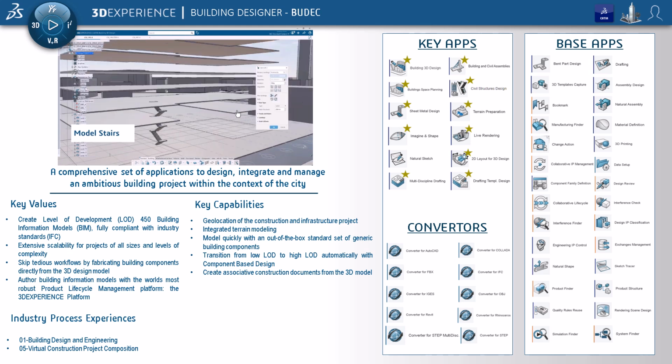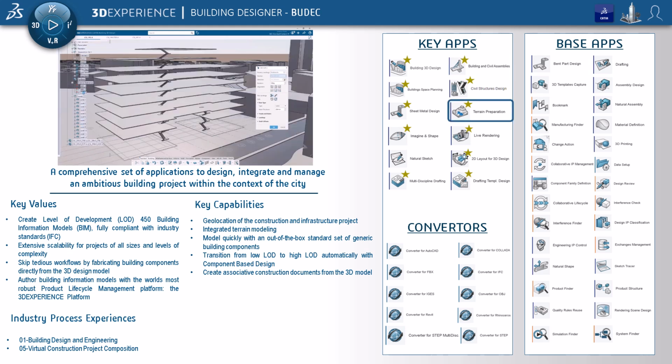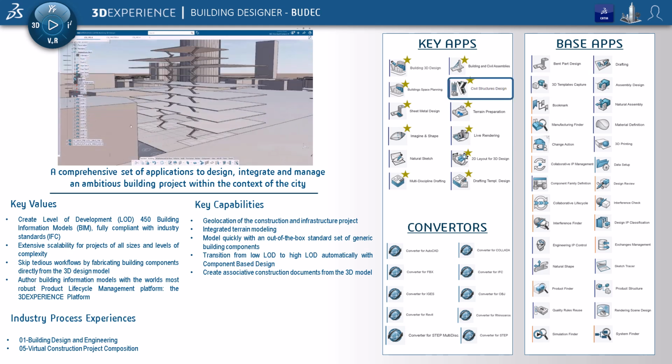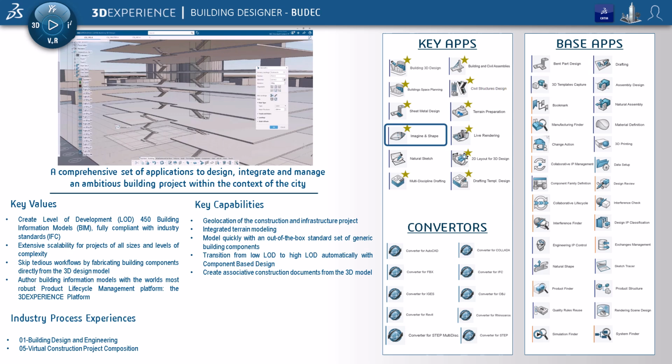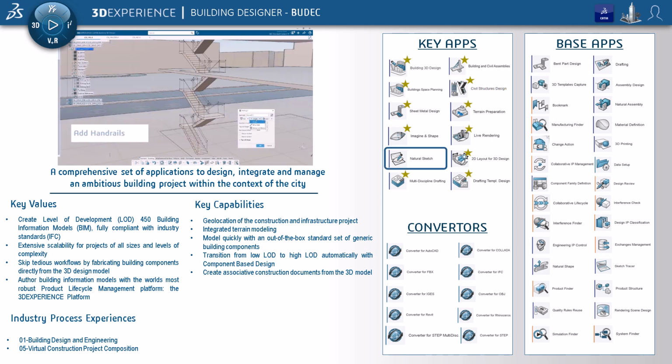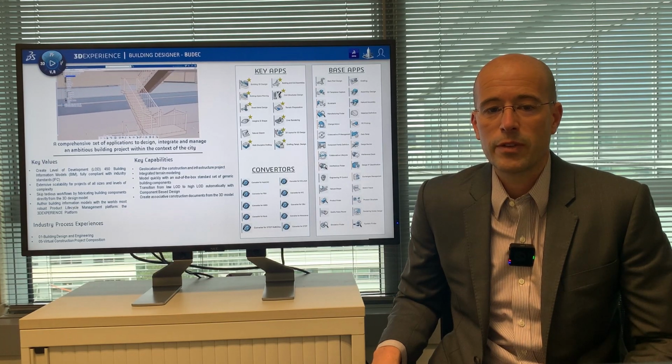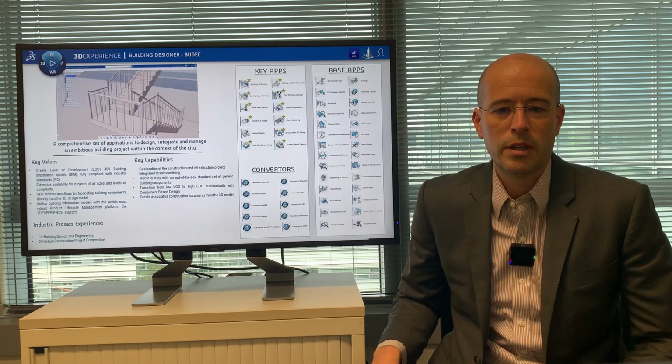The key applications in the building designer role are building 3D design, building and civil assemblies, terrain preparation, live rendering, building and civil structures design, imagine and shape, and natural sketch. There are additional applications dedicated to drafting and creating drawings, and you have a number of converters included in this role.